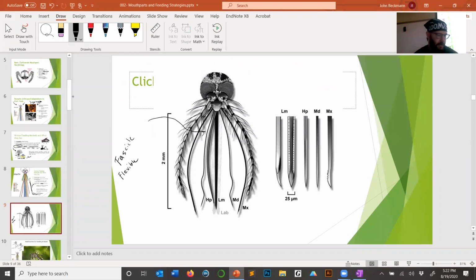So let's talk about the individual pieces and how they contribute. Let me get this right, I always get them confused: not the labium, the labrum. I should just write this here. The labrum looks like this, and it is a hollow needle.